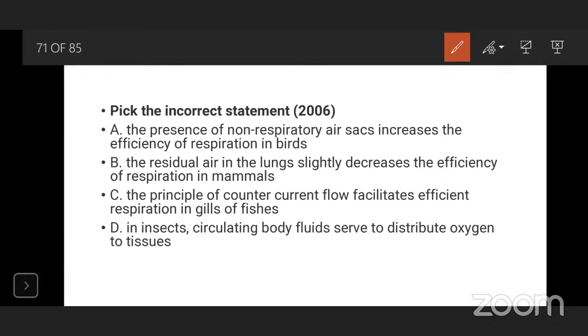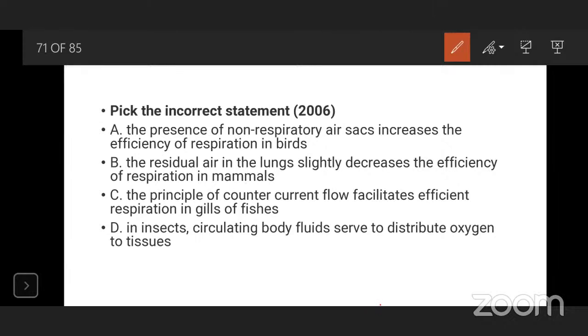The blood vessels have deoxygenated blood, and oxygen gets exchanged by diffusion, because the carbon dioxide partial pressure is higher in the blood and the oxygen partial pressure is higher in the water. Because of this counter current flow, there is efficient respiration in the gills of fishes.